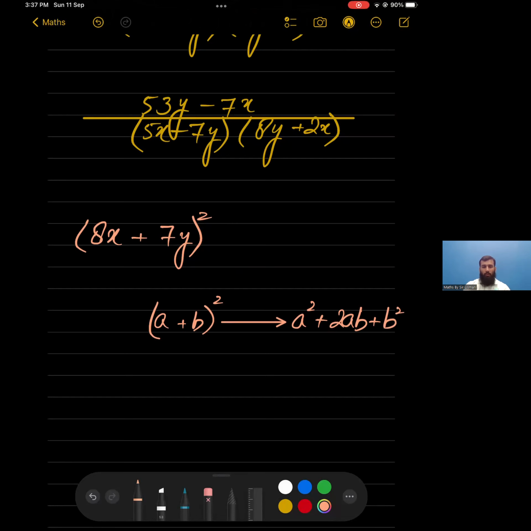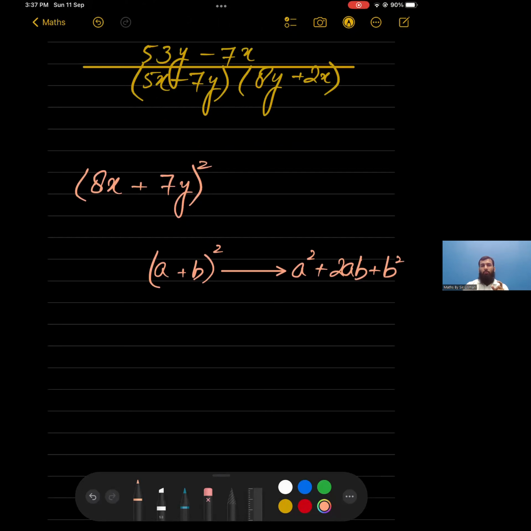So now what we need to observe over here is what we have got in place of a. The first value, 8. So we have got 8x as the first value. Now can any one of you tell me what we have got in place of b? We have got 7y. Very good.